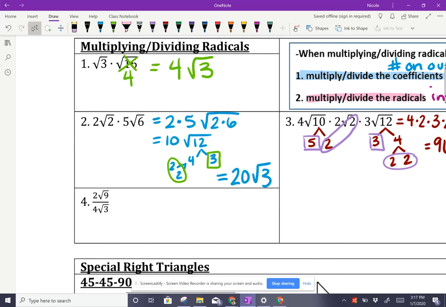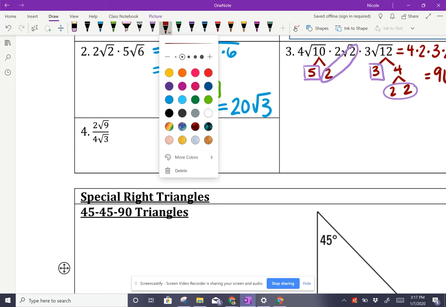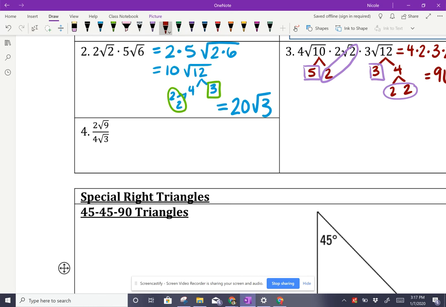All right, now dividing, same idea, but again, you want to reduce as much as you can. Or one way I like to do this is I'll divide it up. I'll split it off and say 2 over 4 and square root of 9 over square root of 3.